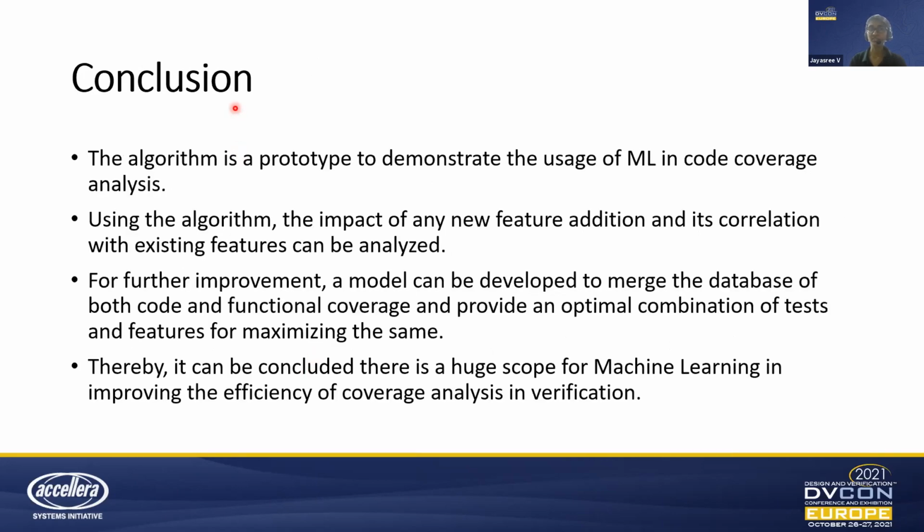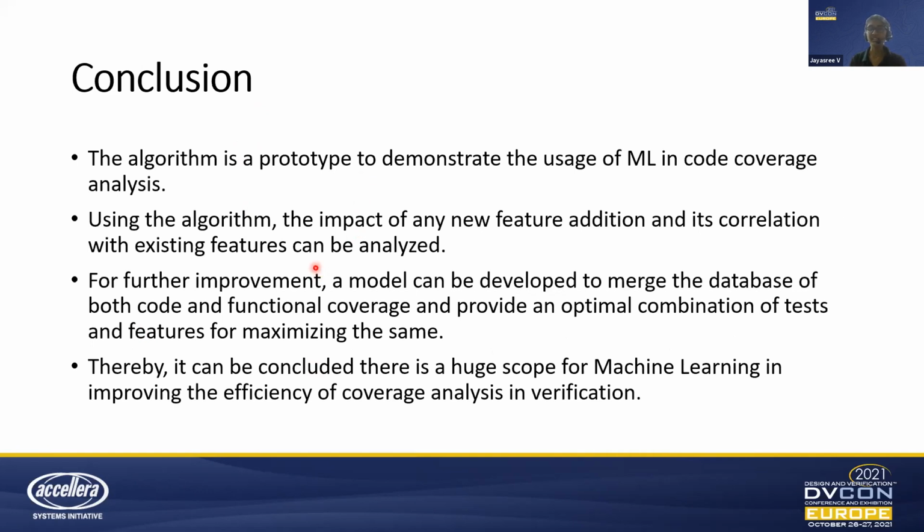Coming to the conclusion, the algorithm presented in the paper is a prototype that demonstrates the application of machine learning in coverage analysis. Using the algorithm, the impact of any new feature on the coverage numbers and its correlation with the existing features can be understood. In this paper, code coverage has been the key area of focus.